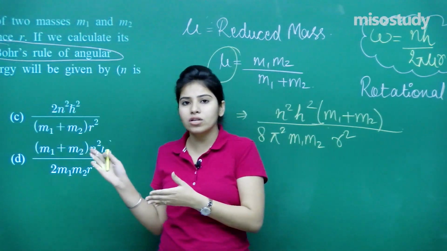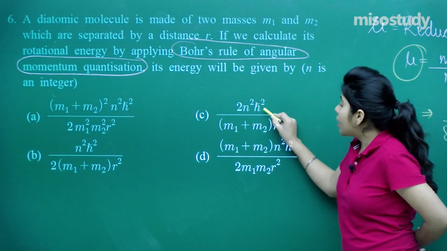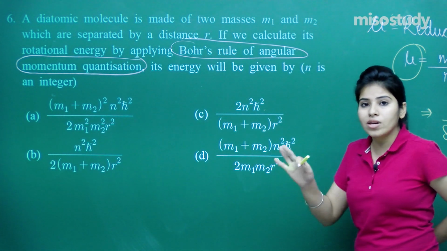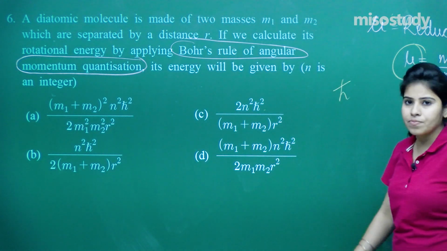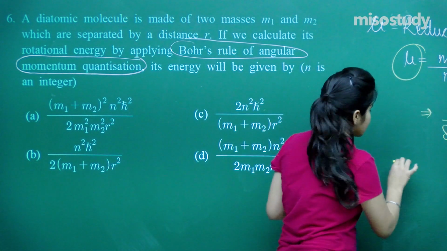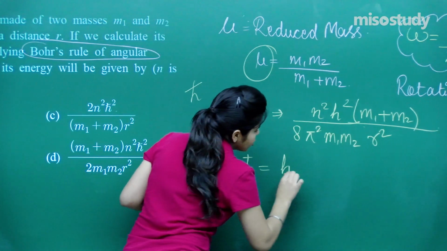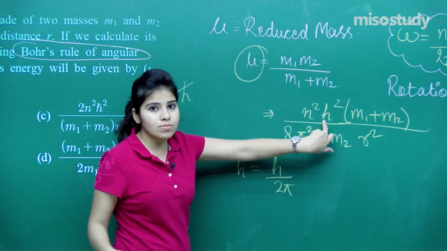Now we will be moving towards the options. In the options I can see that in place of h we have been given this h prime, and you know that the value of this is nothing but h upon 2 pi. We have the value in terms of h.